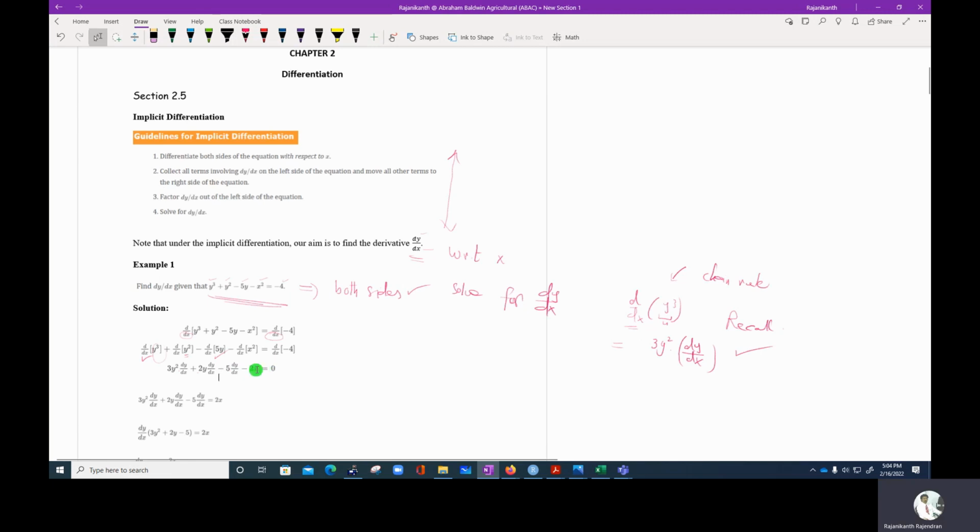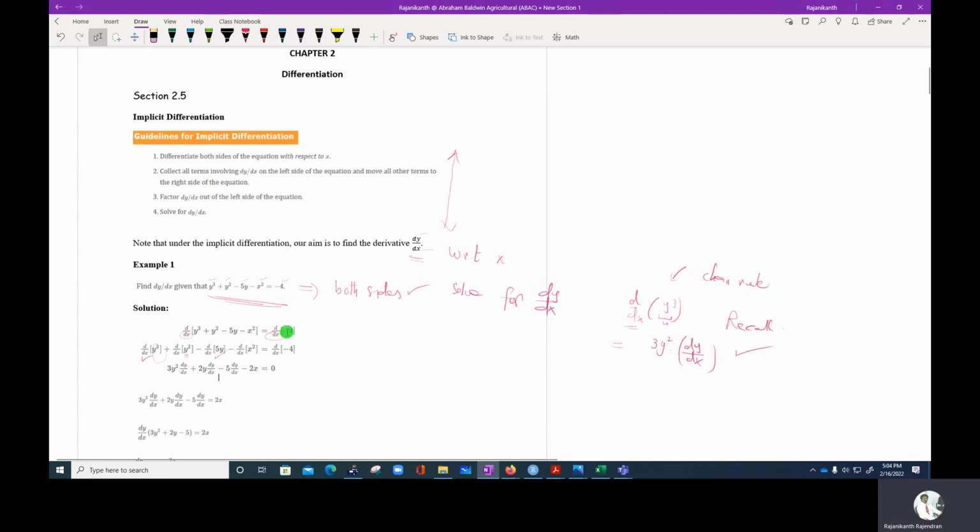Here you don't need a dx component because the given function is already in x, so you are finding the derivative with respect to x as well. Therefore, the power rule says the derivative of x squared is 2x. That's why you see negative 2x on the right side.